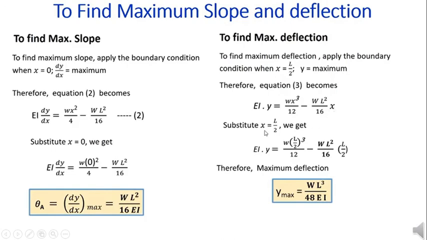Substituting x equal to L by 2, we get EI into y is equal to W into L by 2 whole cube divided by 12 minus WL square divided by 16 into L by 2. So the maximum deflection y max is equal to WL cube divided by 48 EI. That is the formula for deflection. So we have calculated the slope and deflection.